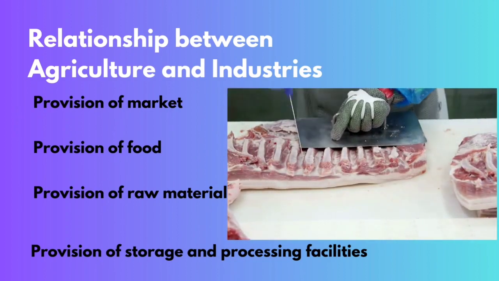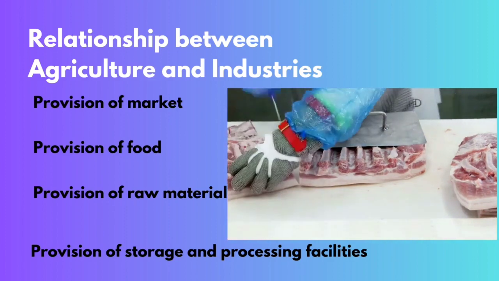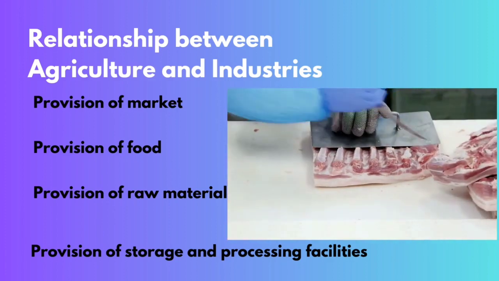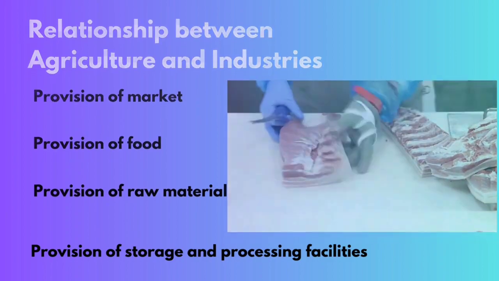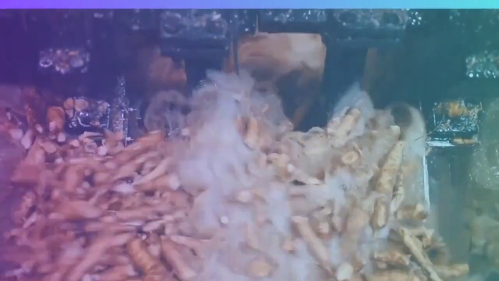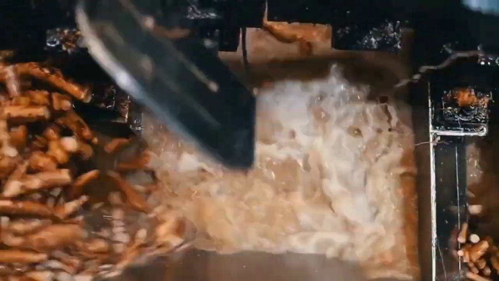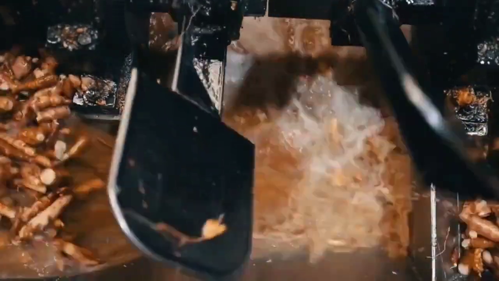Now, agriculture provides markets for industries, okay, and then industry also provides a market for agriculture. That is, whatever the farmer produces is sold to so many factories. For instance, you can see in the video here we have cassava.